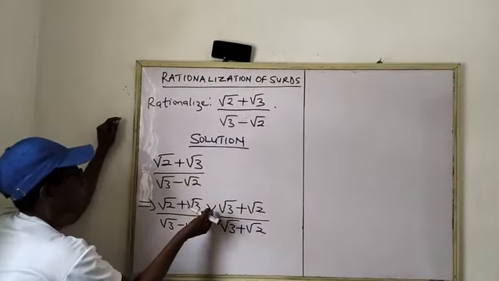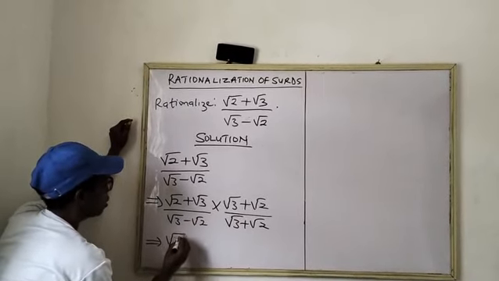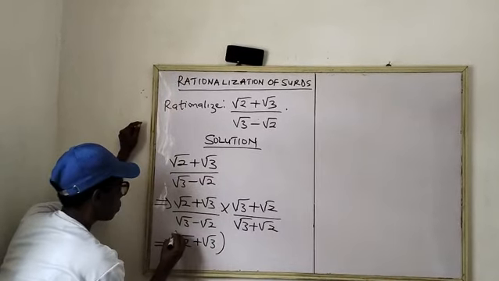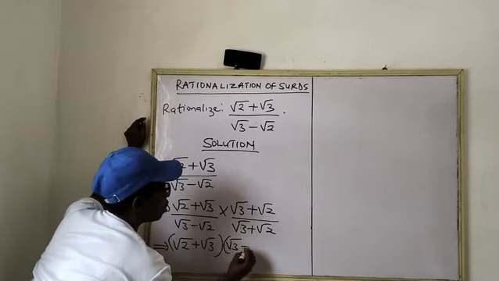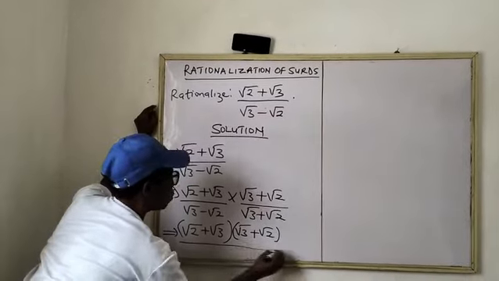Now, what do we do? We are rewriting the numerator and not changing anything there: root 2 plus root 3, times root 3 plus root 2, over.